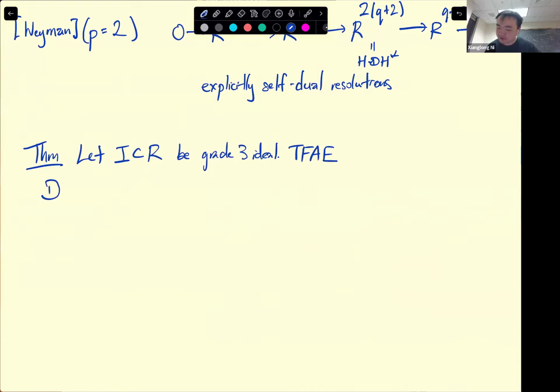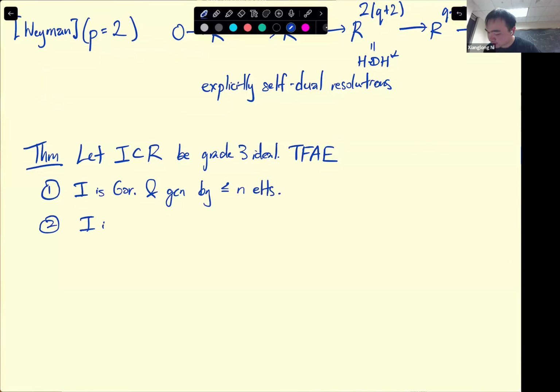Condition 1 is that I is Gorenstein and generated by at most n elements. Condition 2 is that I is Lichy and condition 1 holds.